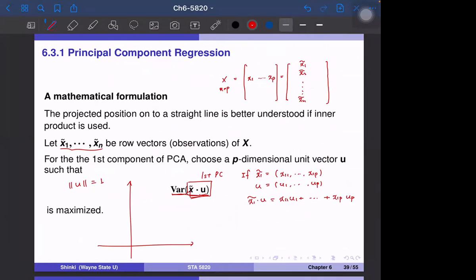Because if u is this direction, and we have vector x tilde, then the projected distance is from here to here. So this is x tilde times u, x tilde inner product u.